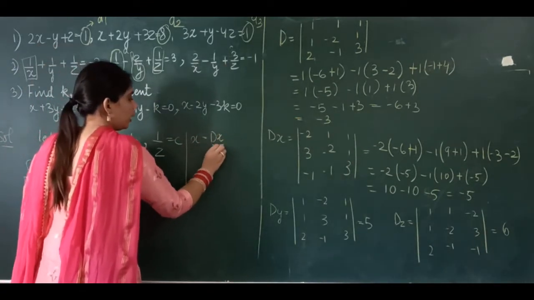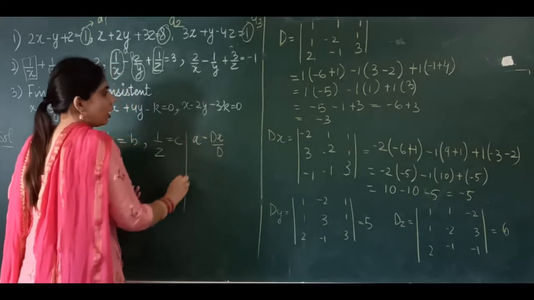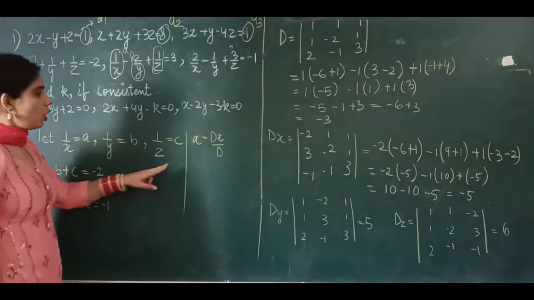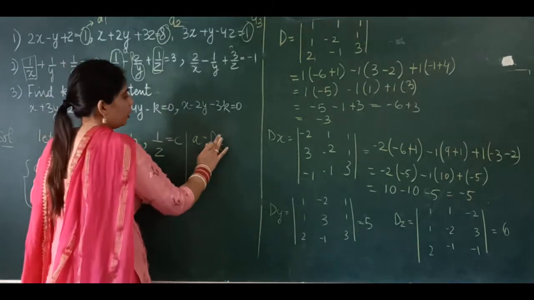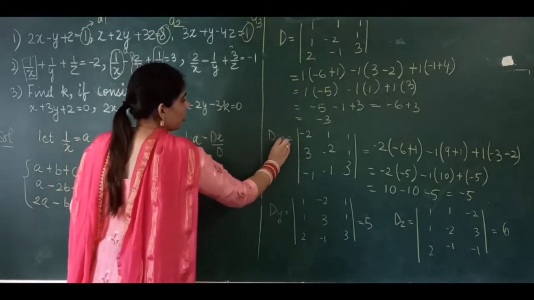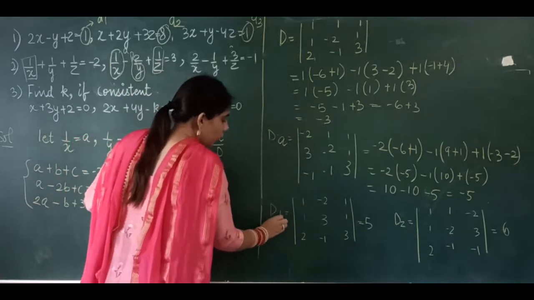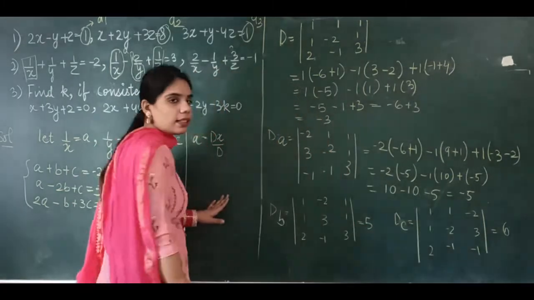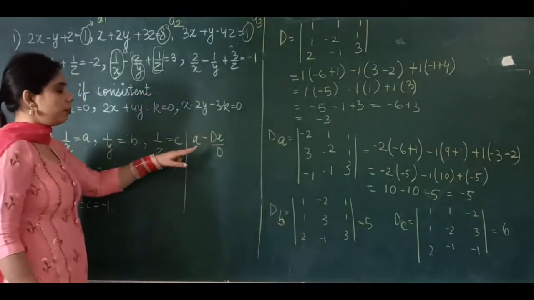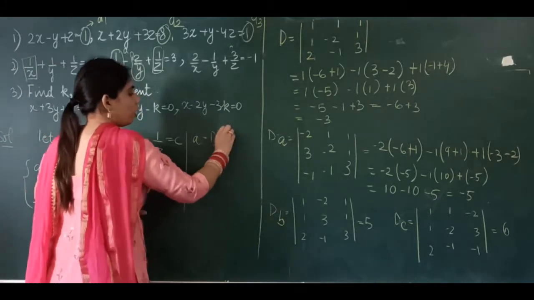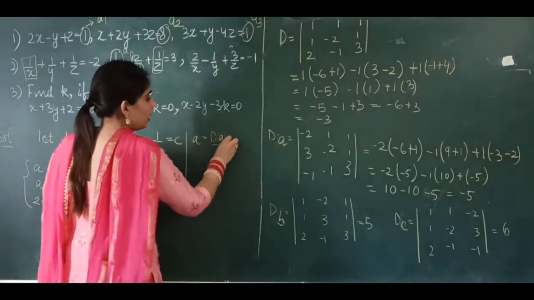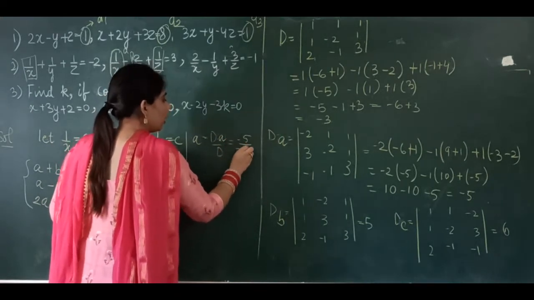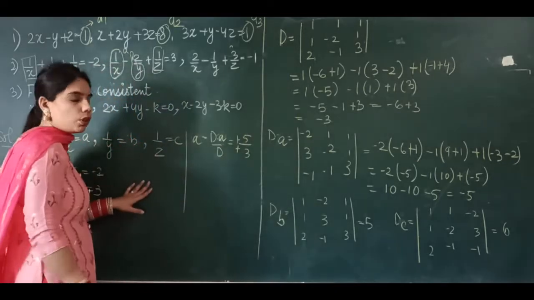So x will be dx upon d, because we are taking all the coefficients as a, b and c. So instead of dx you can write da, instead of dy you can write db, and instead of dz you can write dc. So your a will be da upon d. Your da is minus 5 upon minus 3, which will be 5 upon 3.